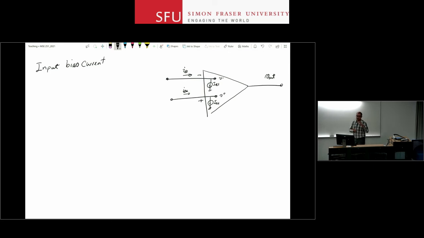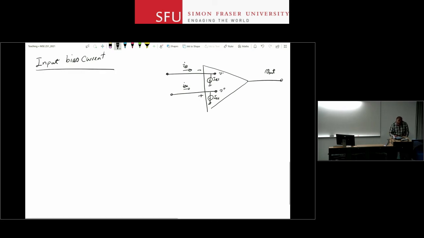So you have two issues: an issue of input bias current, and an issue of input bias current offset. There is a difference between the two. We're not going to talk about that. We just want to deal with input bias current. Now, as you make a circuit using this, you can see that this is going to give you a bit of a headache. Let's say you make a non-inverting amplifier using this op-amp.